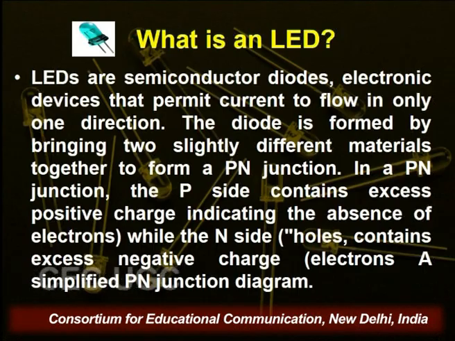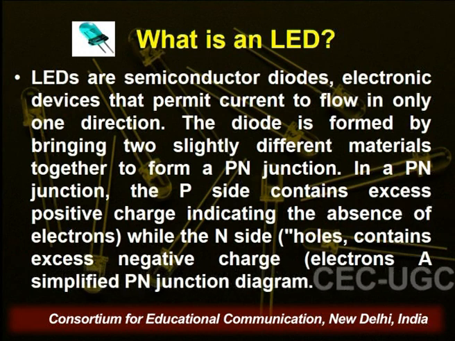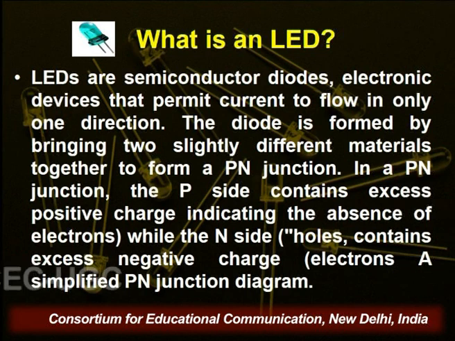So what is the LED? Now we see that it is a semiconductor diode that illuminates. It is an electronic device that permits the current to flow in only one direction. The diode is formed by bringing two slightly different materials together to form a PN junction. As we know, the diode is made up of P type and N type material.